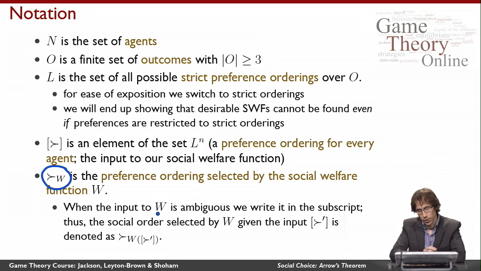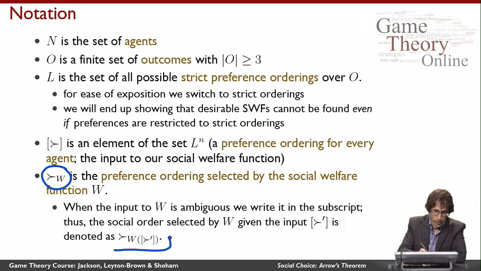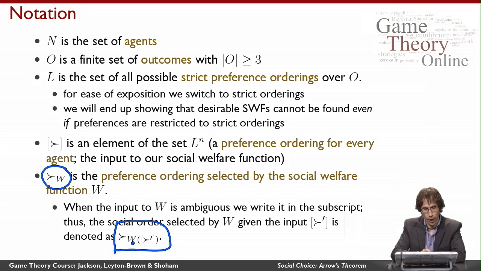Now, when the input to W is ambiguous, I might actually have even more complicated notation here, saying precisely which ordering it is. So in particular, this notation here is going to mean the preference ordering output by W when given the preference profile here as input. And I'm going to care about this in particular when I change around which preference ordering it is that I talk about.